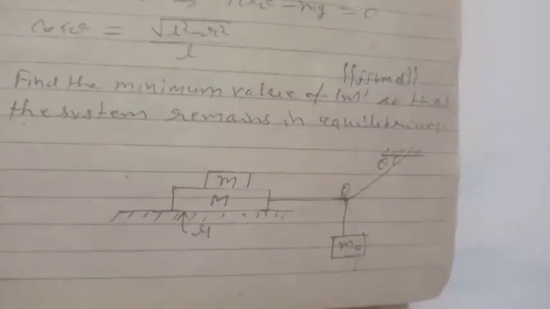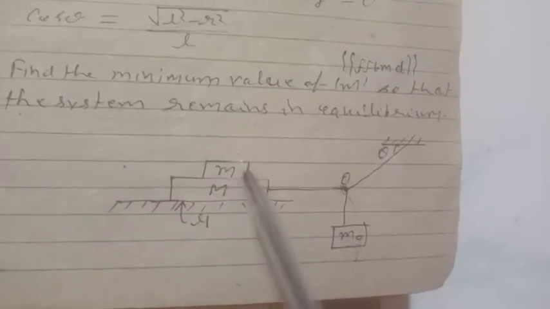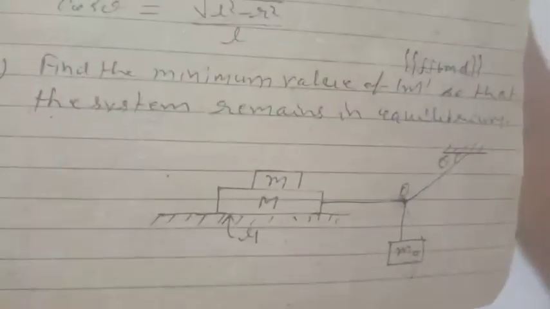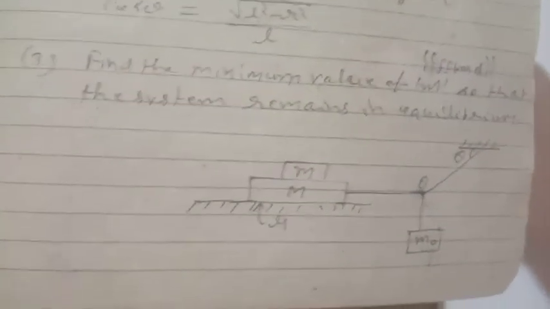Then we have to find the maximum value of m so that the whole system remains in equilibrium, that is at rest, not in a moving condition.